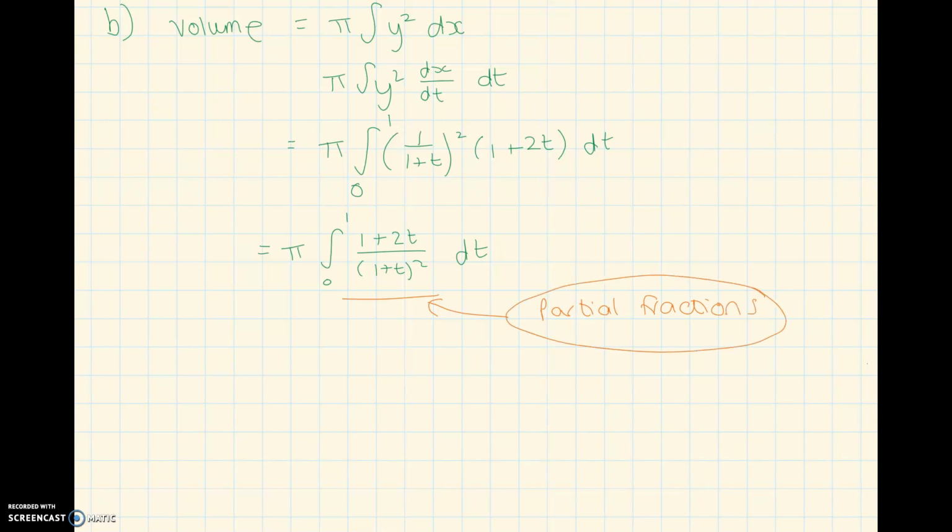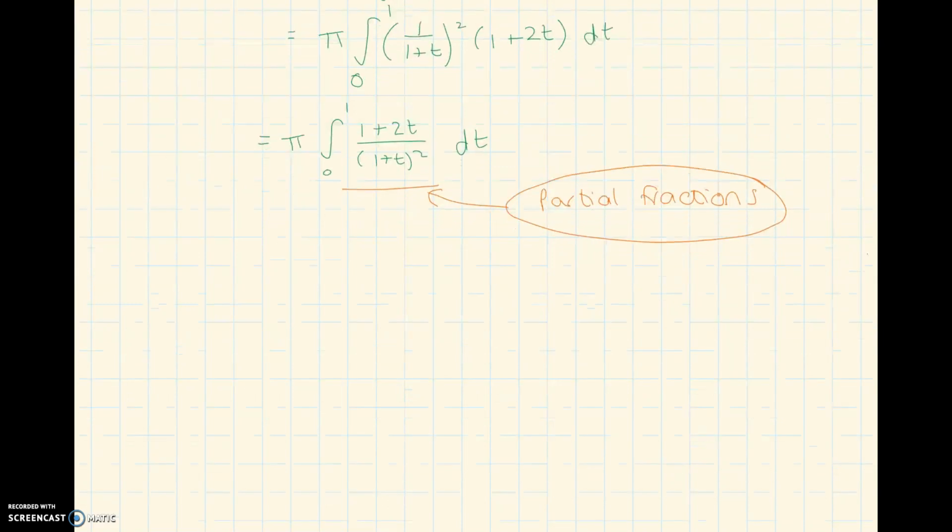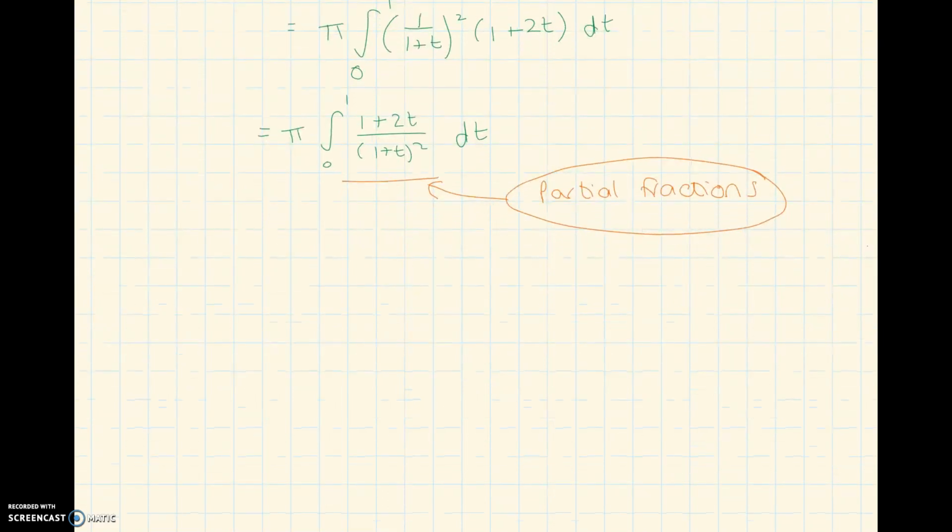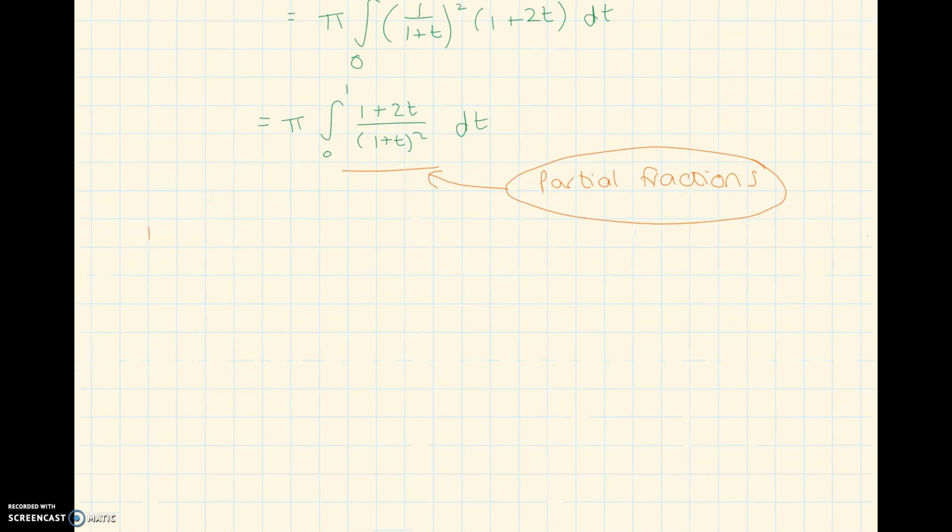So we're going to need to use partial fractions on that fraction to split this up into two fractions we can work with. So if we just look at that bit in partial fractions, the 1 plus 2t over 1 plus t all squared, we can write as a over 1 plus t plus b over 1 plus t squared.